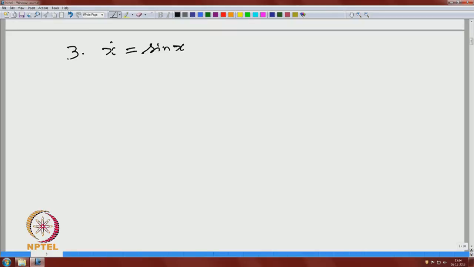So here n pi, n equal to 0, plus or minus 1, are equilibrium points, and we saw the nature of orbits changes with n being odd or even.